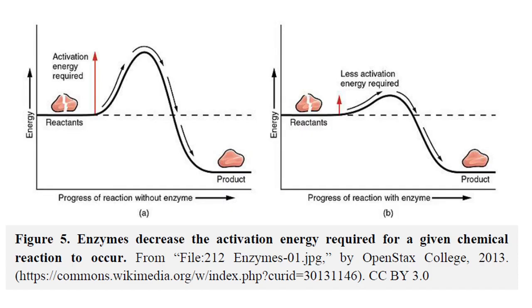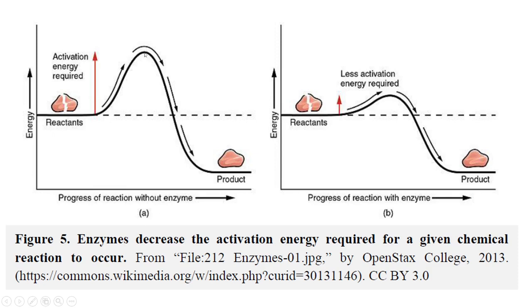Now take note that, as we mentioned in the beginning, enzymes function to lower the activation energy in order for the reaction to proceed faster compared to its natural state. So you will see in figure number 5, enzymes decrease the activation energy required for a given chemical reaction to occur.